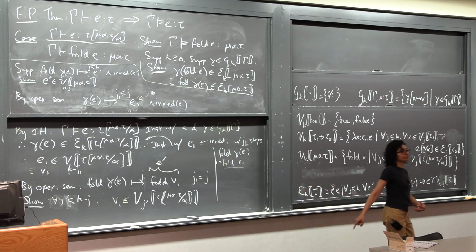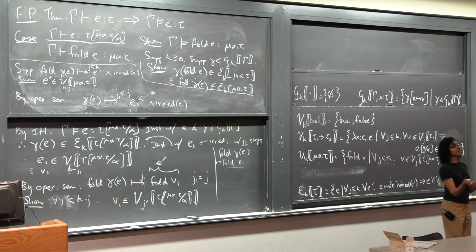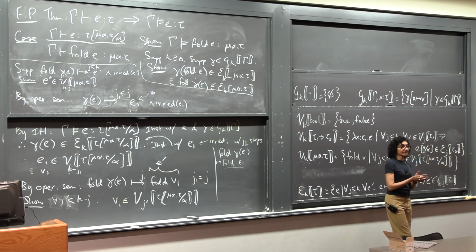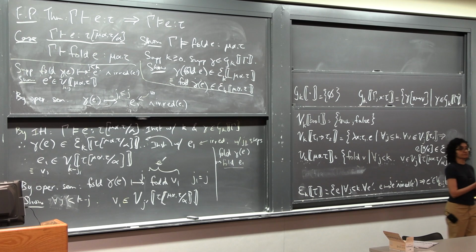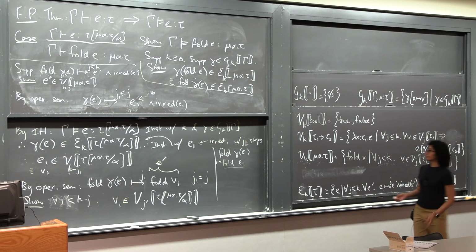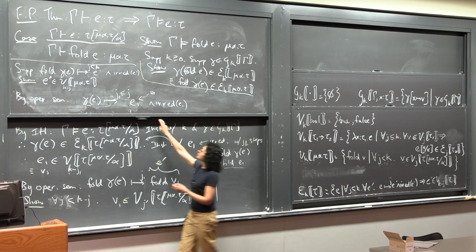What I haven't shown you is a property that we need to prove before we start proving these cases of the fundamental lemma, but I did mention it yesterday, which is this property called monotonicity. If a value behaves like a type for k steps, then you have to be able to prove that it behaves like the same type for fewer steps. Okay? All right. So let's just write that down.